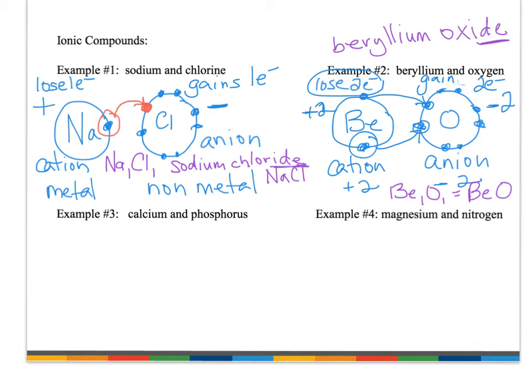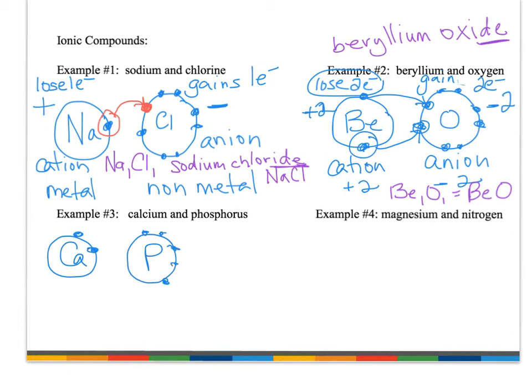Now in our next example we have calcium and phosphorus. Calcium has 2 valence electrons in its outer shell, and phosphorus has 5 valence electrons in its outermost shell.